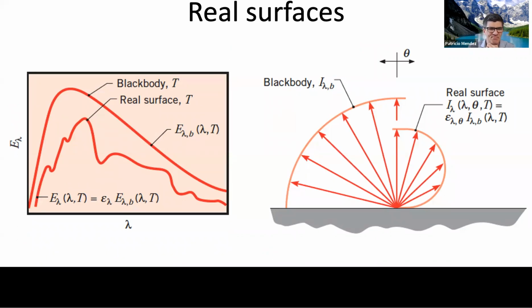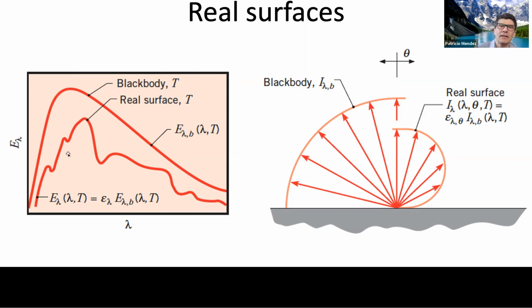Anyway, real surfaces. This is the spectral emissivity of a black body, right? For each wavelength, we would have a different emissivity. This peak here would give us a sense of what temperature we're talking about. And in reality, bodies don't emit this, they emit less.